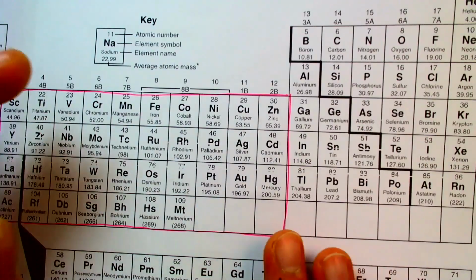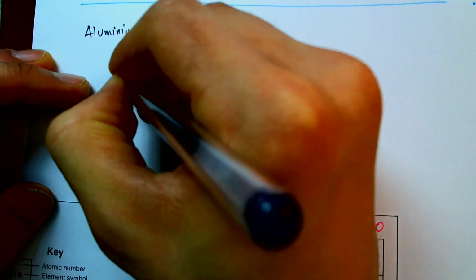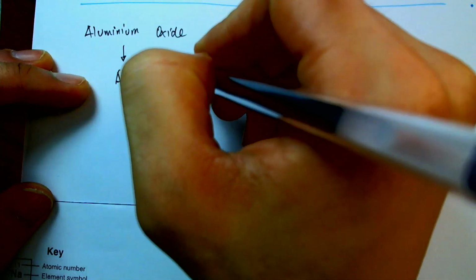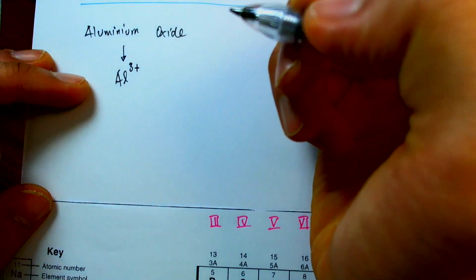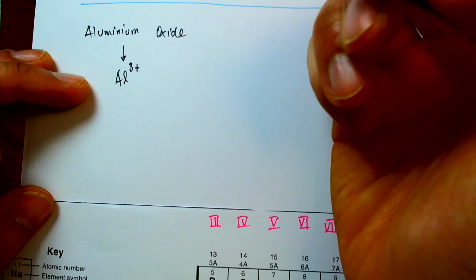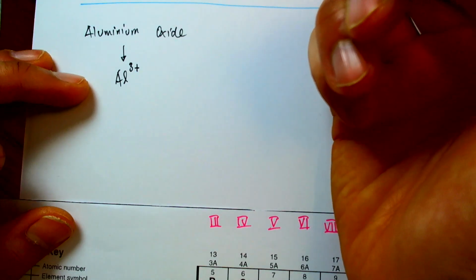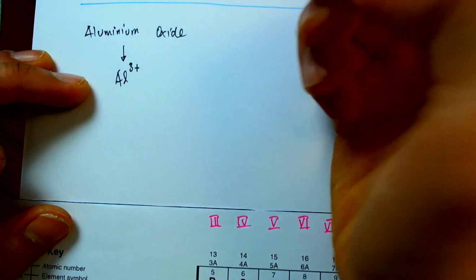Aluminum is in group 3, so aluminum tends to want to lose 3 of its electrons to whatever non-metal it is reacting with to form a 3 plus ion, because if it's lost 3 electrons, it's got 3 excess protons.